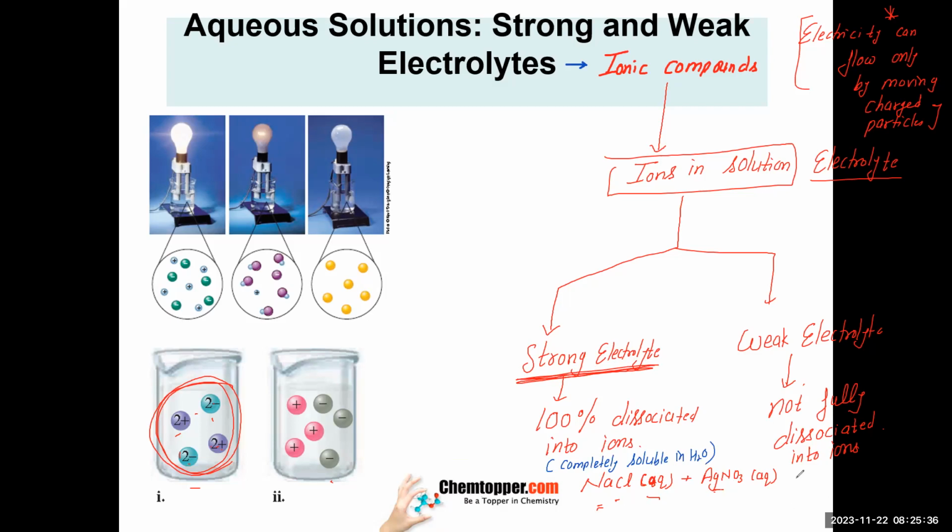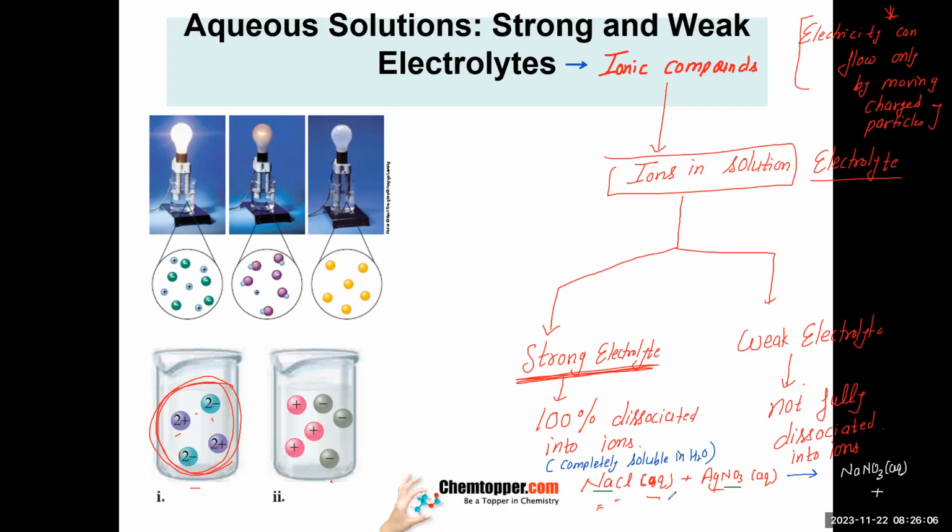Can you complete this reaction, children? If you remember, we did it on the previous slide. Double displacement, interchange, take care of the charges. Na+ will go to NO3-, and will make NaNO3 aqueous.